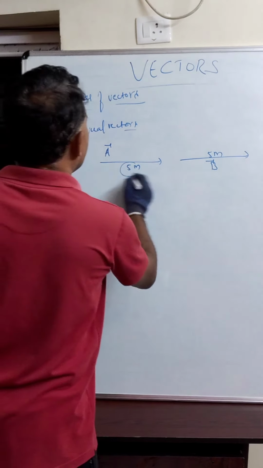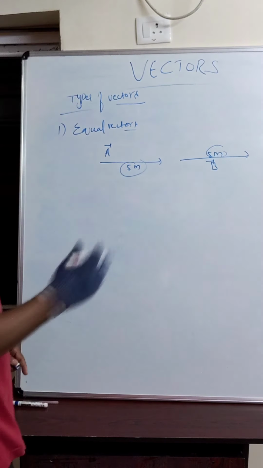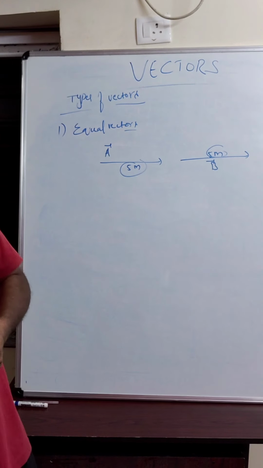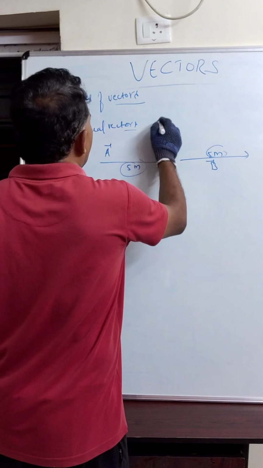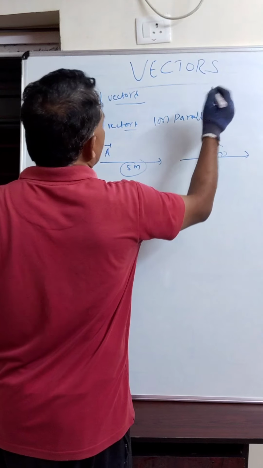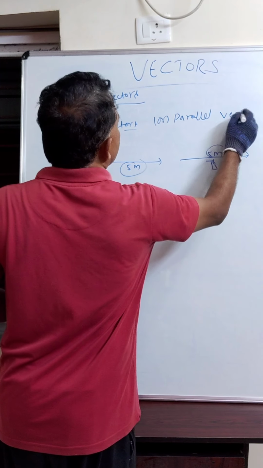Both have the same magnitude and both go in the same direction. These two vectors are called equal vectors, or also parallel vectors, because both are going in a parallel direction.